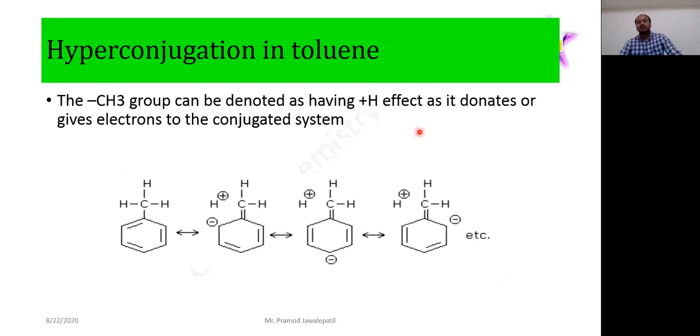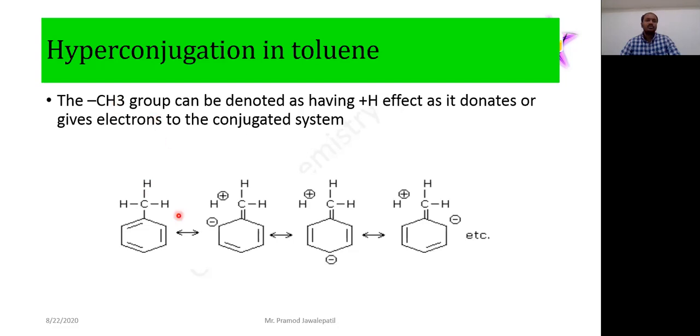Friends, it is a very important point, that is hyperconjugation in toluene. This hyperconjugation in toluene explains the reactivity of benzene. Friends, see in this schematic diagram, this toluene, that is a methylated benzene ring. You already know about toluene.